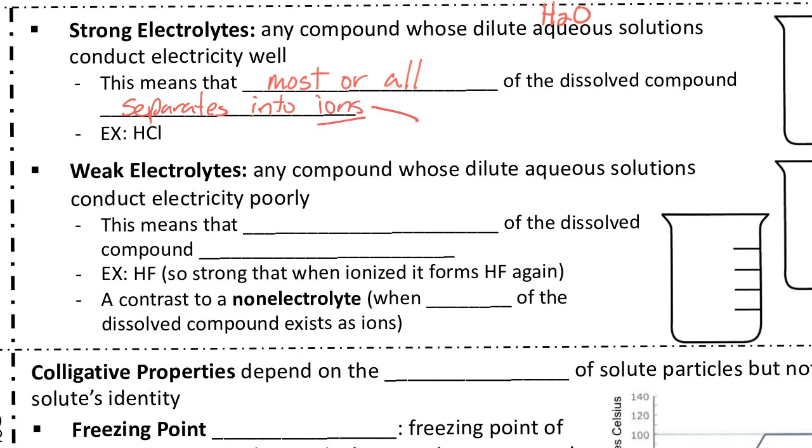Remember, an ion is a charged particle. And the charges, of course, can be positive or negative.